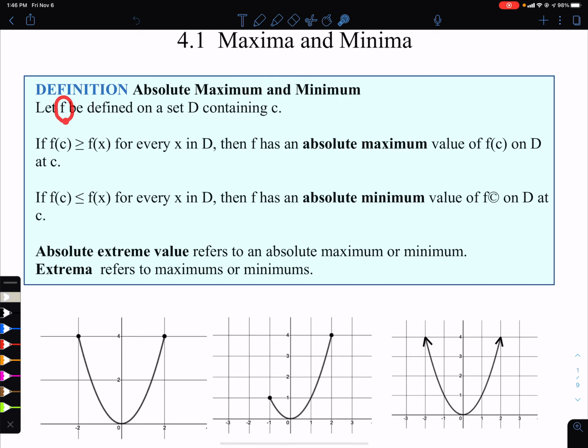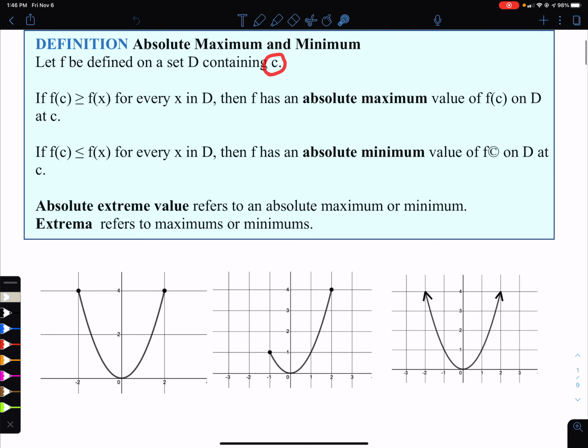So f is a function defined on a set D containing point c. Now, what does that craziness mean? D is just a domain. It's like all the values where the function exists. And there's some c within that value.